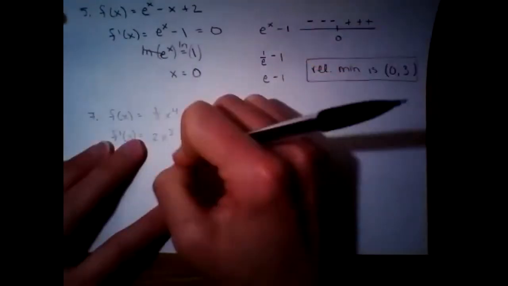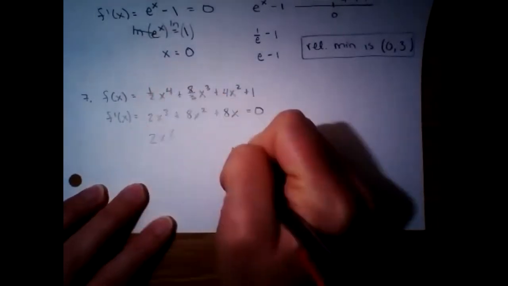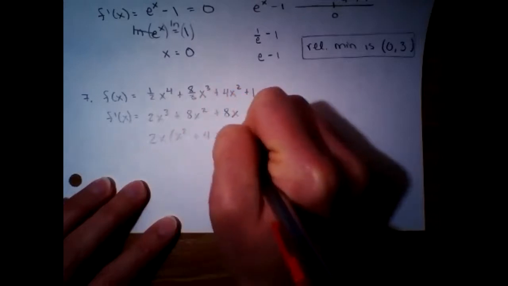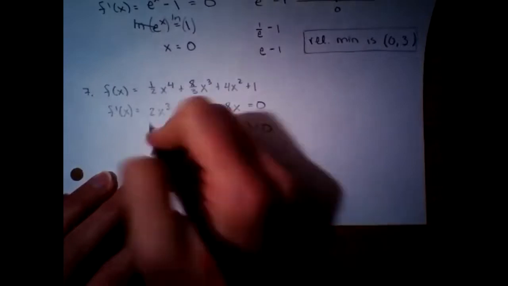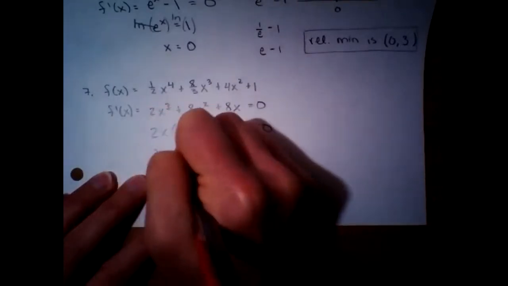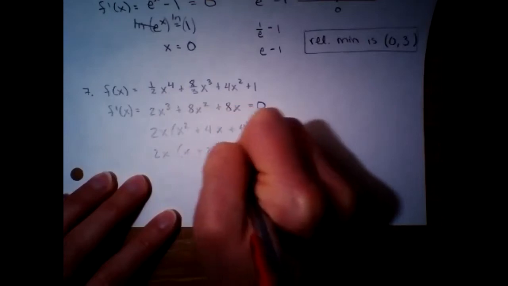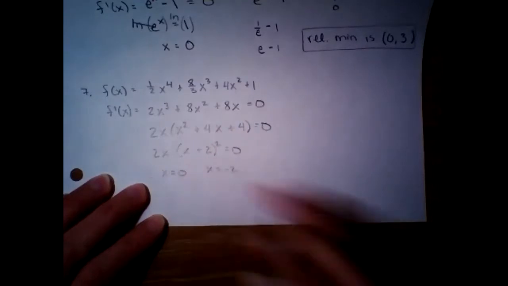This will take too long, but I'm going to have to go through it. All right, if we factor out a 2x, that's going to leave us with x squared plus 4x plus 4. And this is going to split into x plus 2, which will be x plus 2 squared. And so we get 0 and -2.